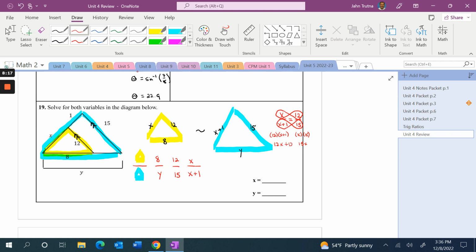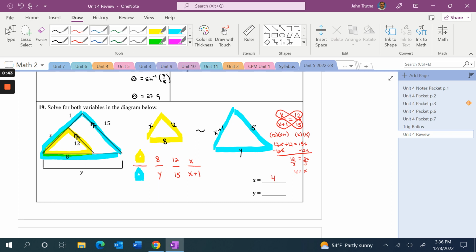Now, whenever you cross multiply, the results are equal to each other, and I solve this equation. Subtracting 12x from both sides of the equation, that creates a new equation, which is now 12 is equal to 3x. And then I divide both sides of the equation by 3, so x is going to be equal to 4. So there's my value for x, is 4.